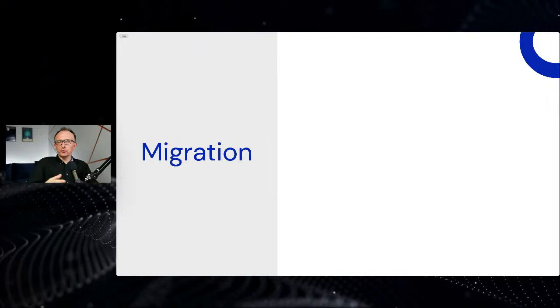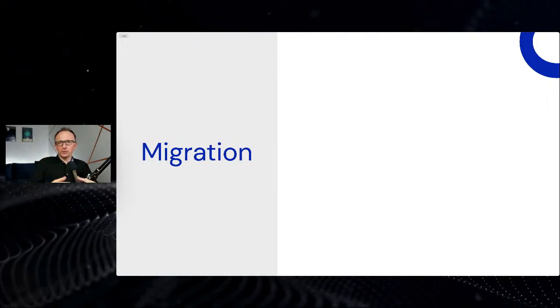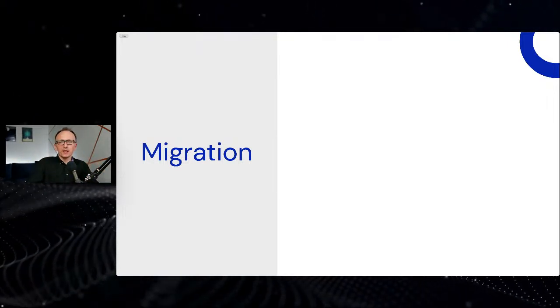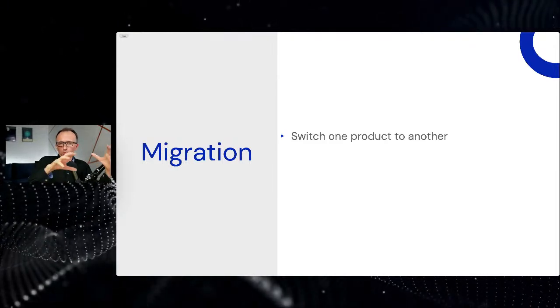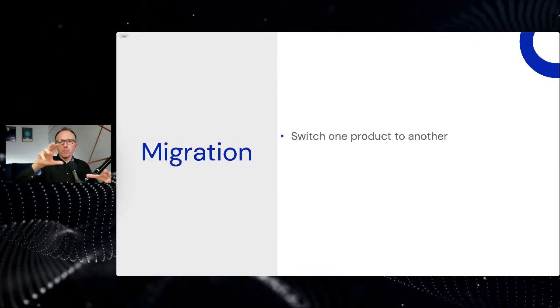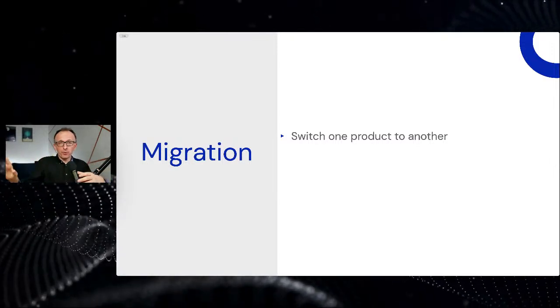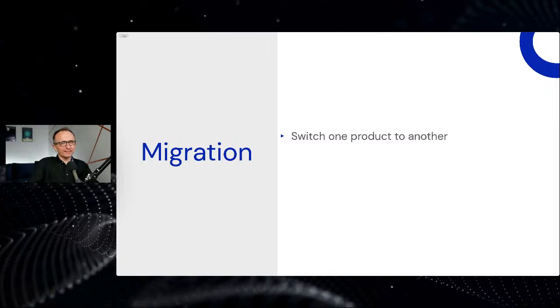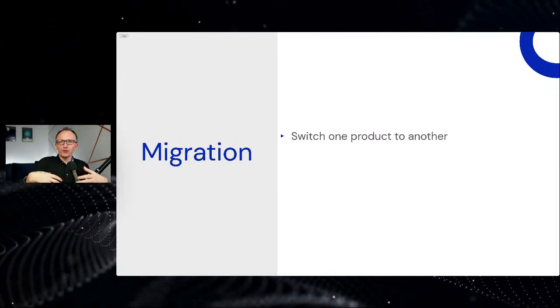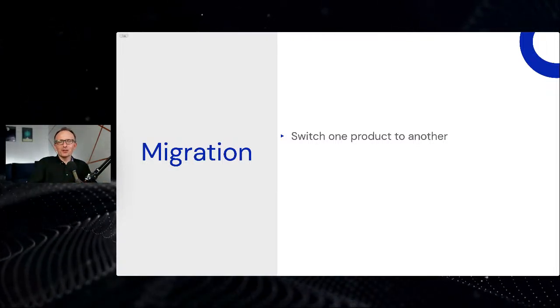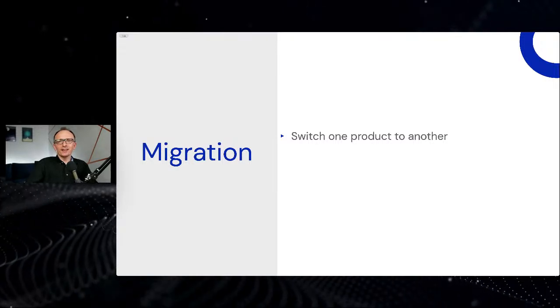That can also be used for migration between those different backends. You can switch from open source projects to some more convenient product, or from one product to another. It is very easy because of the vendor agnostic approach that OpenTelemetry brings.